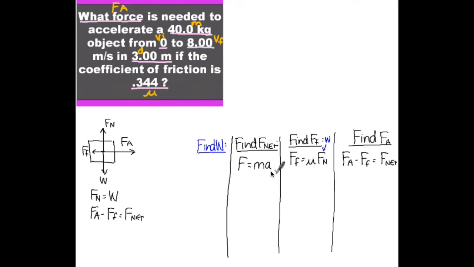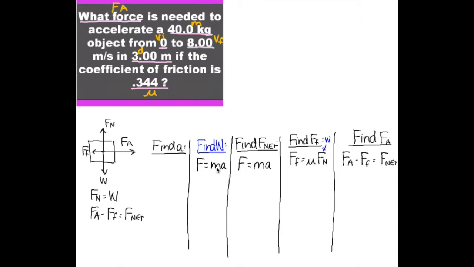To do that, I'm going to have to know the acceleration of the object. Do I know the acceleration of the object? No. So somehow before I get here, I have to find the acceleration of the object. Okay, so this equation will be okay when I get to it. How am I going to find weight? That's easy. Weight, 9.8, F equals ma.